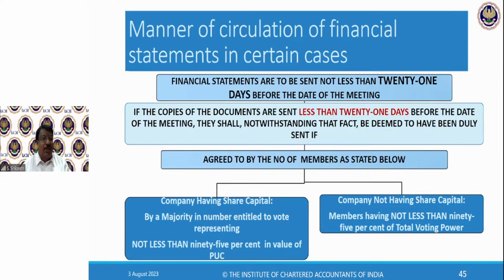Are you able to understand what I'm saying? 151 guys should agree, minimum. And they should represent not less than 95% in value of PUC, paid up capital, not total voting power. Are you able to understand this? I'm going slow so that you can understand the point. This particular point is loaded with meaning.